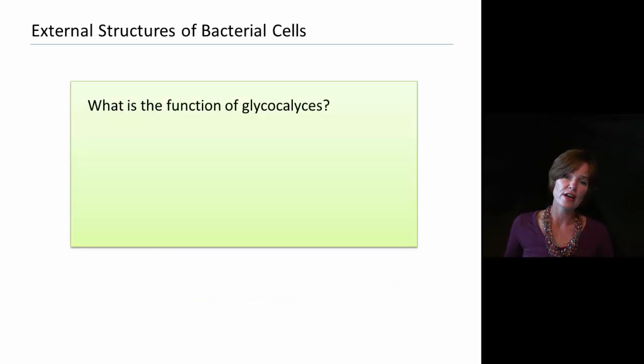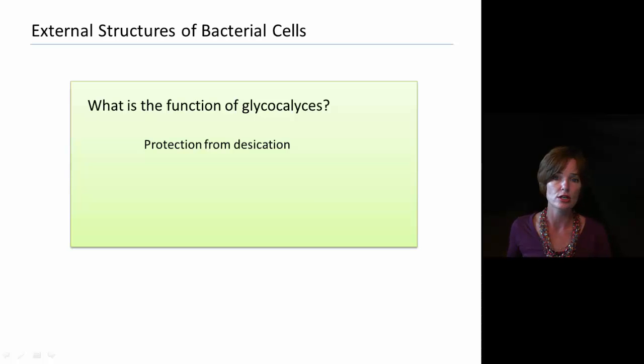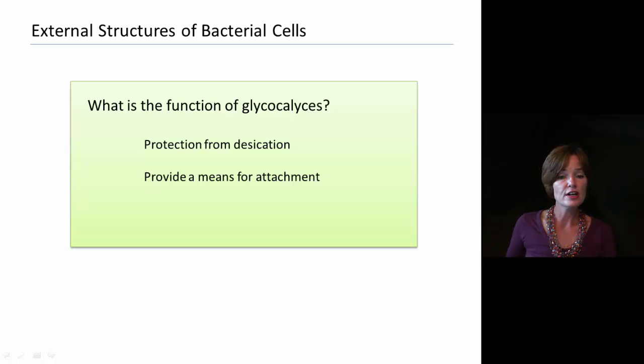So what is the function of having this sticky substance on the outside of the cells? What is the function of the glycocalyces? They have a few different functions that we can list. First off, it protects from desiccation. Desiccation means drying out, so by having this extra layer on the outside, the cells are not as susceptible to drying out or dehydrating. Another function is that it provides a means for attachment.